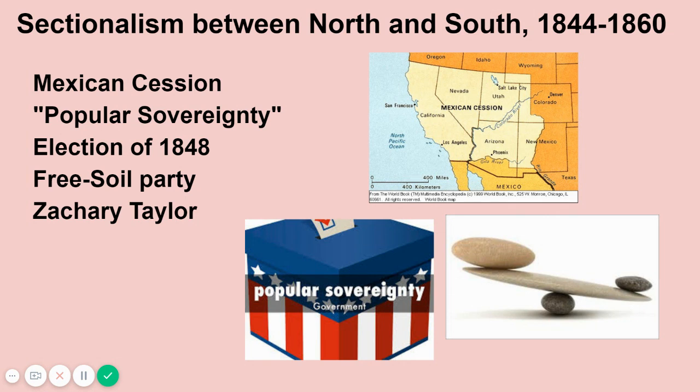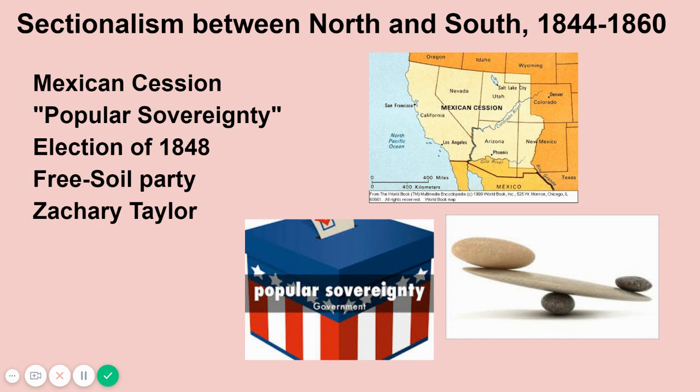America had just won the Mexican War and had this new territory in the West. That's what we refer to as the Mexican Cession, the new territory acquired from the Mexican War. And again, that created a dilemma, whether they would practice slavery in these new territories.